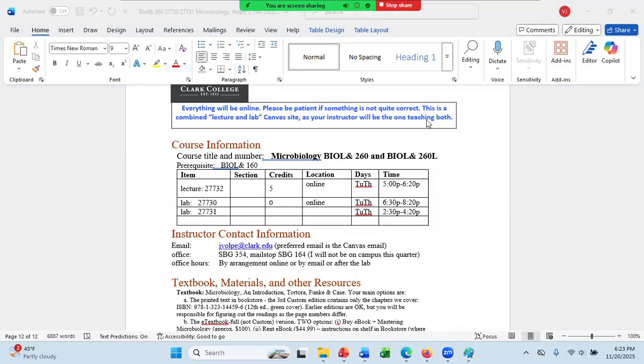I was wondering if the infectious disease research project will be graded before we take our final. It is my intention to have it graded before you take your final.